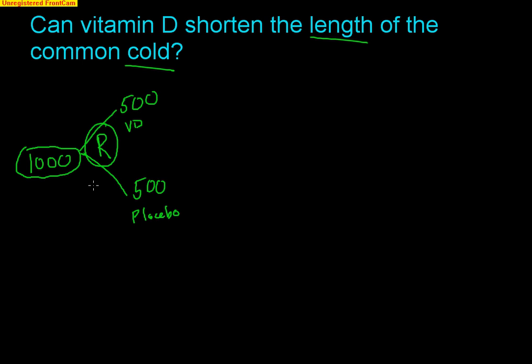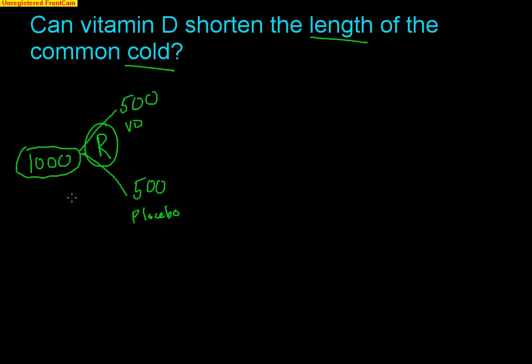What about age? Age is something, older people take longer to get over colds. Well, once again, with using 1,000 people and random assignment, hopefully I'm going to put older and younger people into both groups, making my groups similar. Some people might say that drinking orange juice matters. Okay, well, one thing I could do is tell all 1,000 people, sorry, no orange juice for the entire length of this experiment.